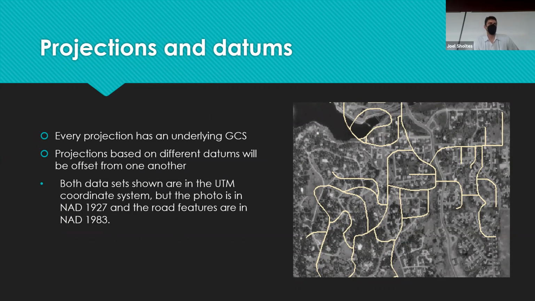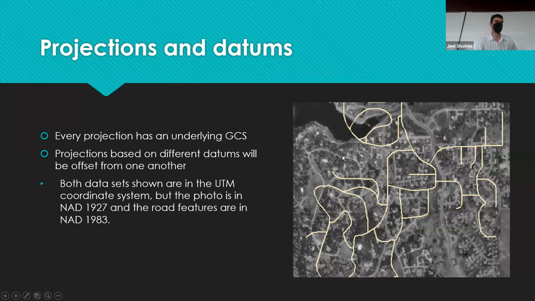So every projection has an underlying geographic coordinate system, a GCS. Projections that are based on different datums will not line up. So we care about datums; they're really under the hood, but they influence our projections.